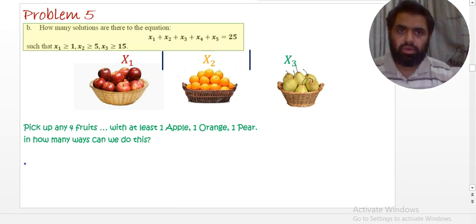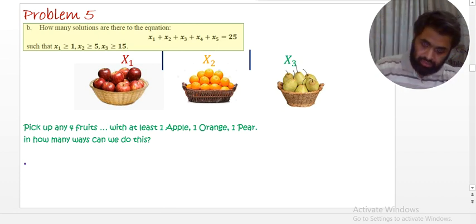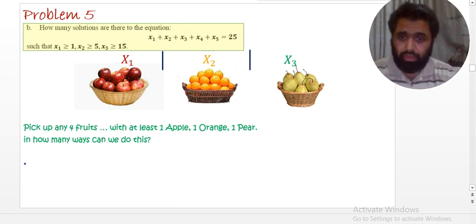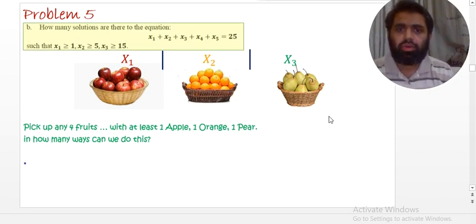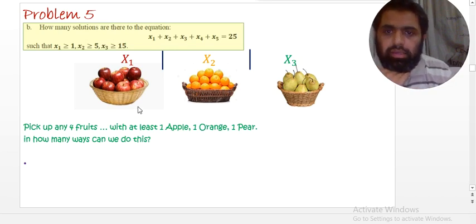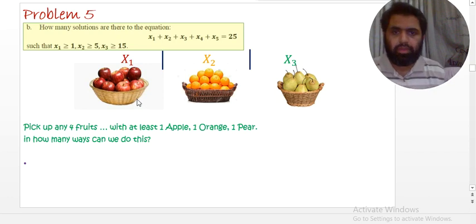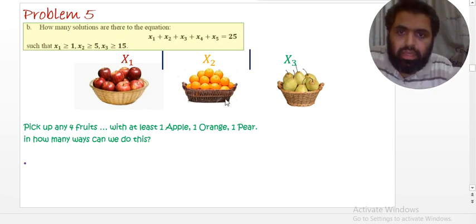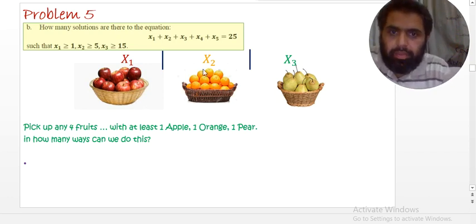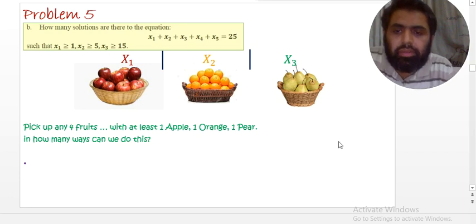So again we can try to see the fruit example first to understand, and then we can solve this example easily. So let's reformulate the fruit example. x1, x2, x3: we have apples, oranges, and pears. First we try to solve this problem, and then we'll come back to our original problem.